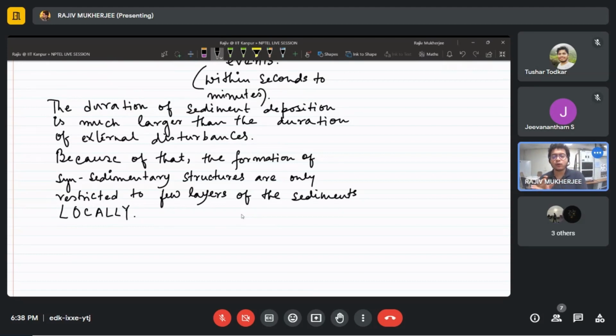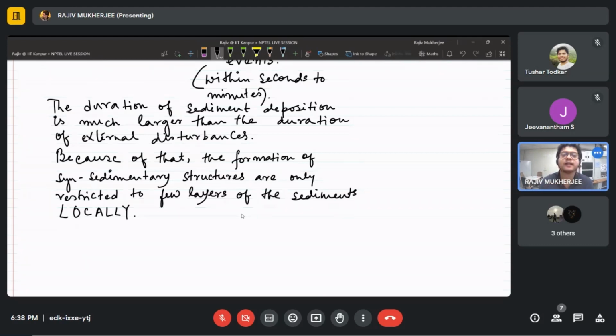We don't even see these kind of structures all over the places continuously, right? You should also remember that while the instructor was showing the overturned cross bedding in the field, there was precisely only one overturned cross bedding and not many more. You should have observed this, right? There was only one.